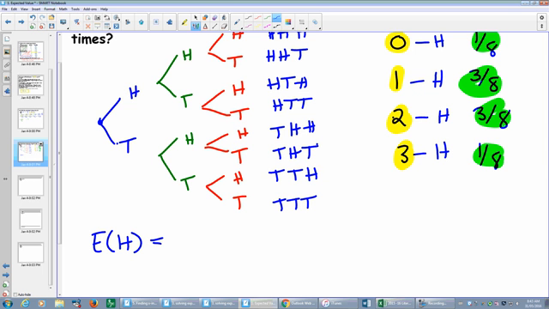Okay, Johnny, so what's the first one? 0 times 1/8. So again, you can flip 0 heads and multiply it by the probability, 1 over 8. I'm going to then add it with, Noah, what would be my next outcome? Very good. 1 times 3 over 8.